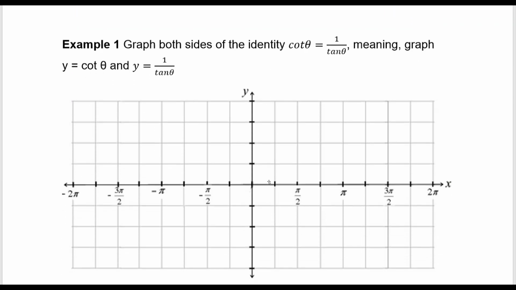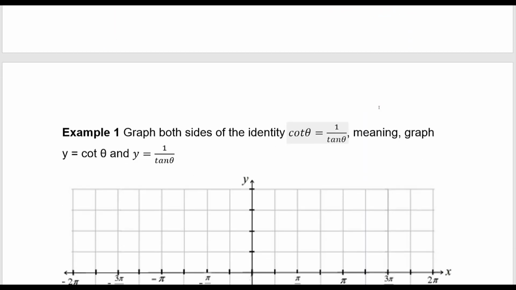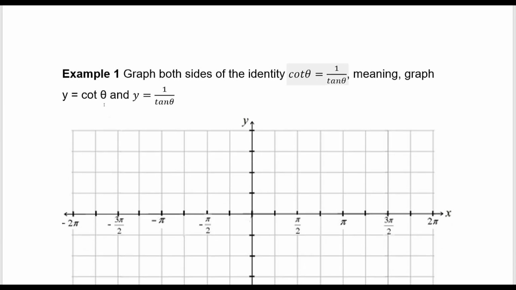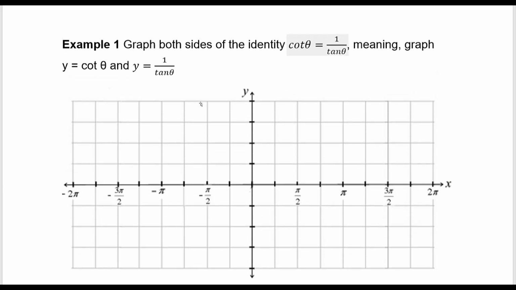So for our first example, we are to graph both sides of the identity. Cotangent theta is 1 over tangent theta, which we just saw up here. So graph y equals cotangent theta and y equals 1 over tangent theta. Thinking about cotangent theta, y equals cosine theta over sine theta.